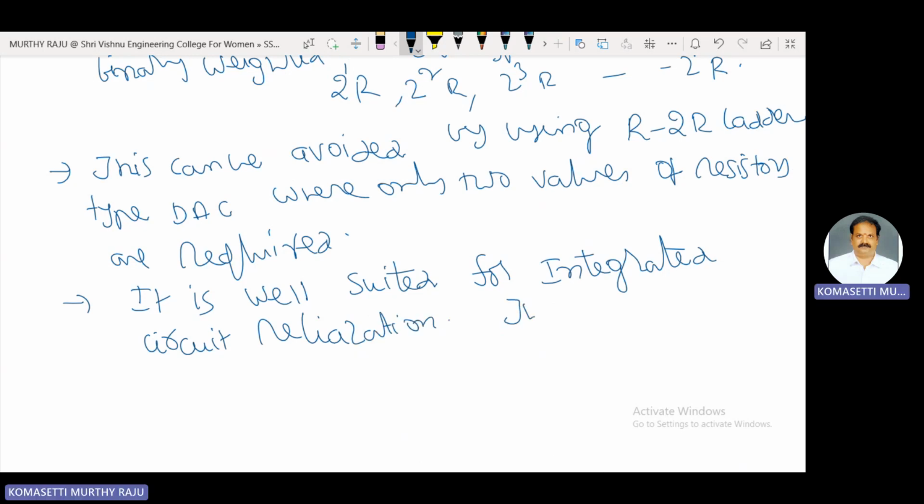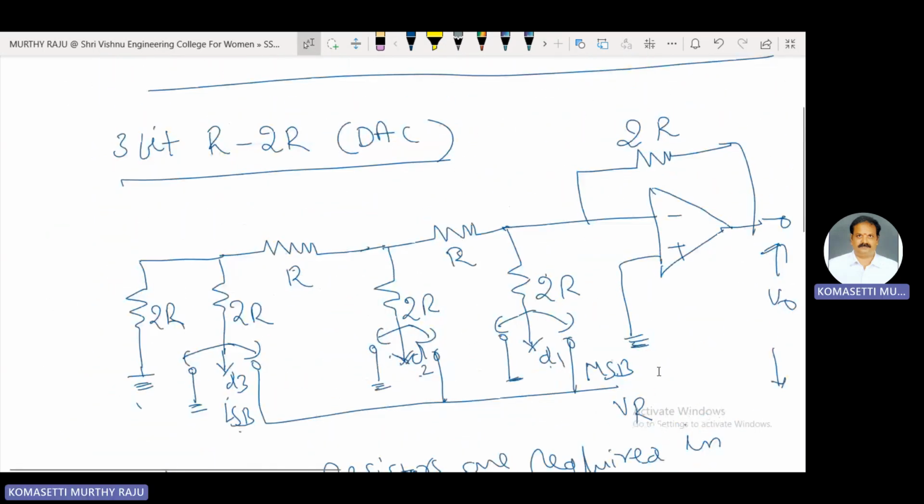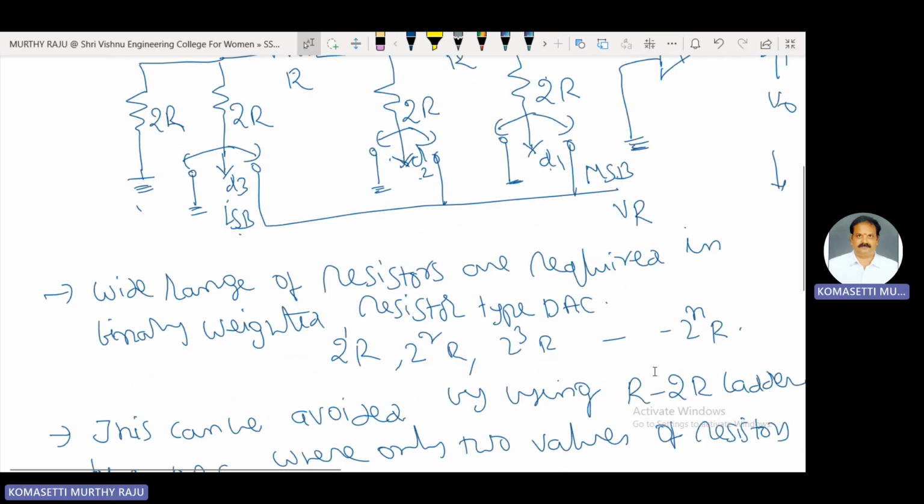The typical value of R ranges from 2.5 kilo ohms to 10 kilo ohms. Here only R and 2R resistors are used. For example, R is 1 kilo ohm and 2R means 2 kilo ohms. A wide range of resistor values is not required, whereas the binary weighted resistor type digital to analog converter requires a wide range of resistor values.